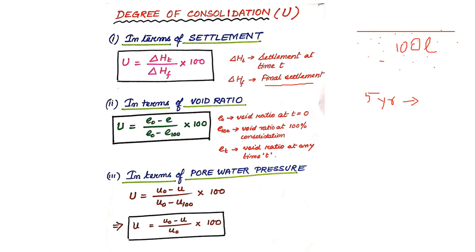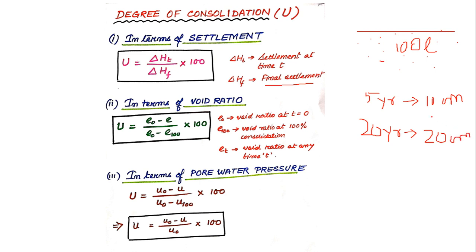Since water has drained out, there will be decrease in the volume, and as a result there will be some amount of settlement. So let us assume that the settlement after 5 years is 10 centimeters. Okay. And after 20 years all the water has been drained out. There is no water left in the voids, and because of the water draining out fully out of the soil, there will be a final settlement which I say is 20 centimeters.